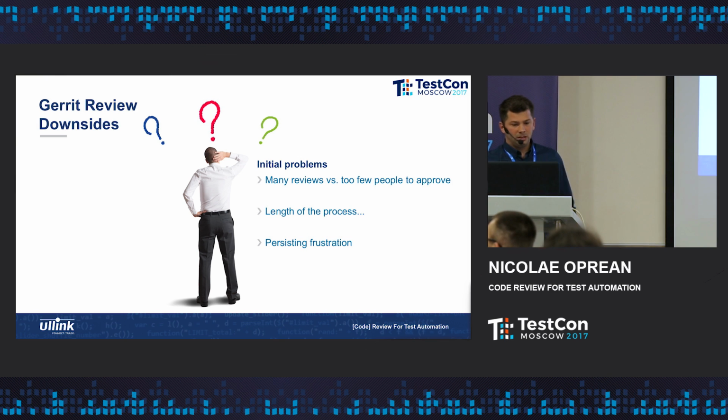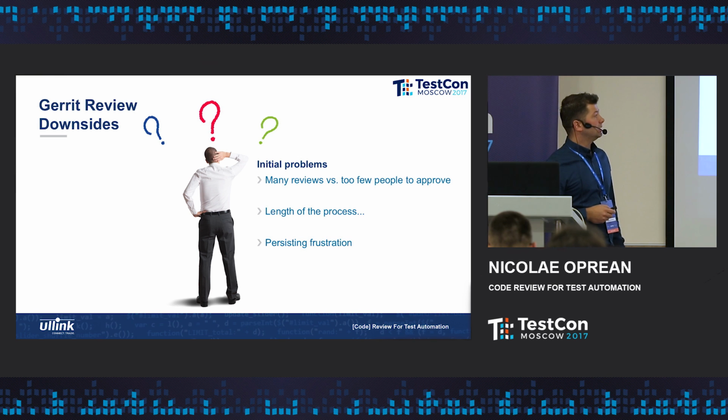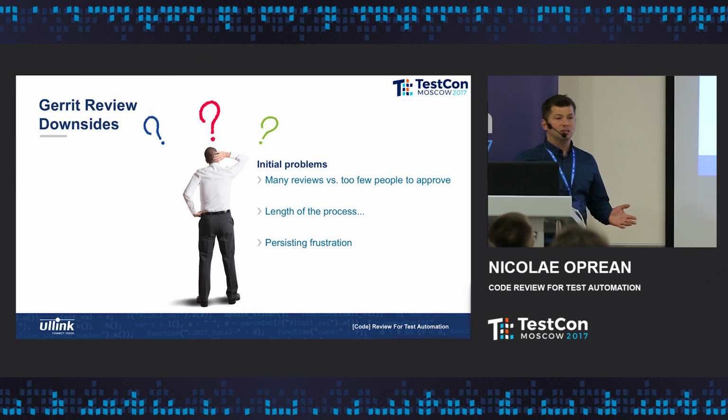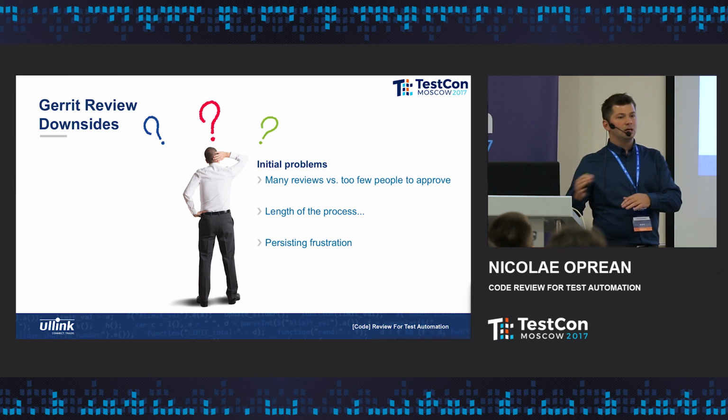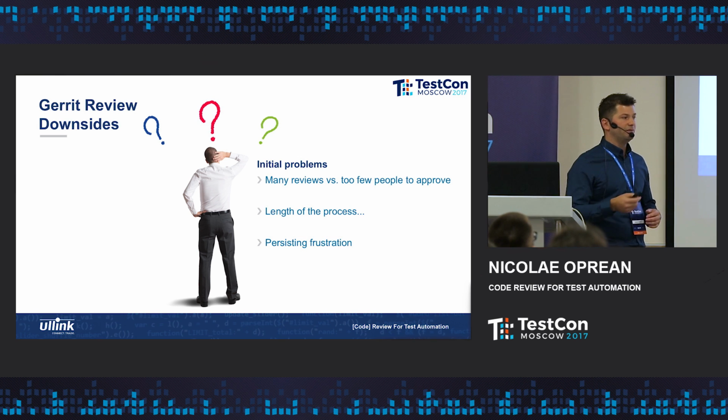We had lots of reviews to be approved by a few people. That's why we started asking more and more people to do code review, to make it something we do on a daily basis. Then the length of the process: some initial reluctance and frustration was brought by the length of the process, because it delayed the delivery time.